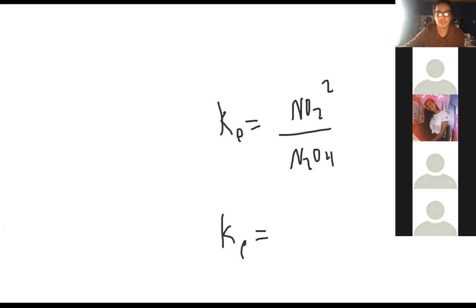Do we have to convert the torr to atm? Yes, we do. The conversion factor is 1 atmosphere is equal to 760 torr.